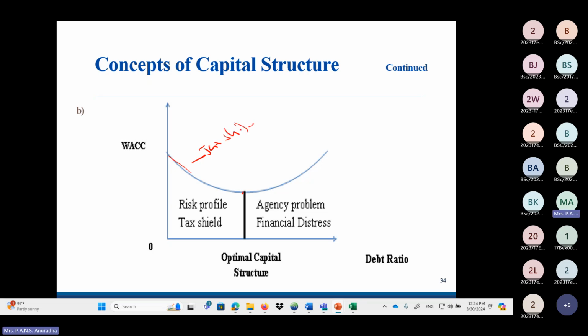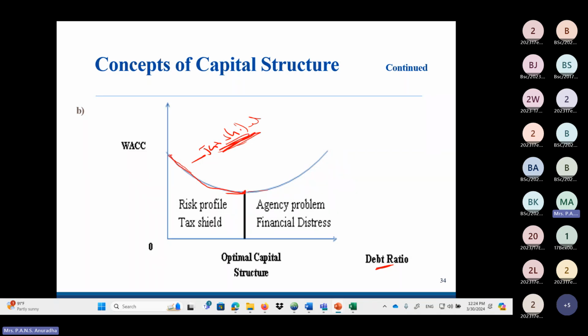You remember that with debt capital we get a tax benefit, a tax shield. Therefore at the initial level, when you increase the debt amount, your weighted average cost of capital decreases. But after a certain minimum point, the weighted average cost of capital is going to increase. This decrease is because of the tax shield, the tax advantage.